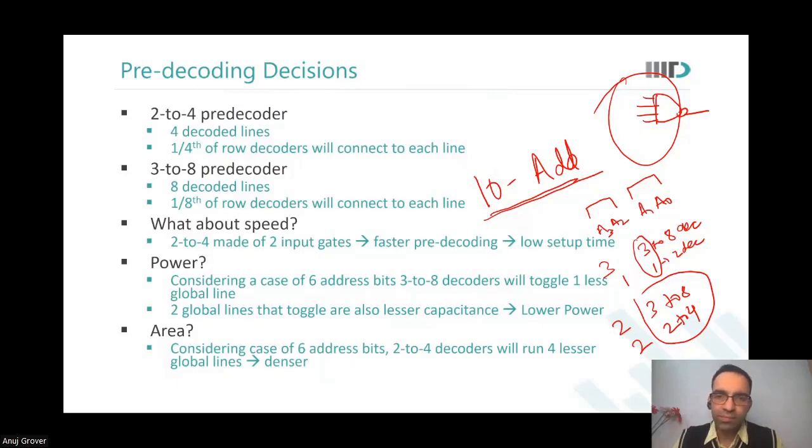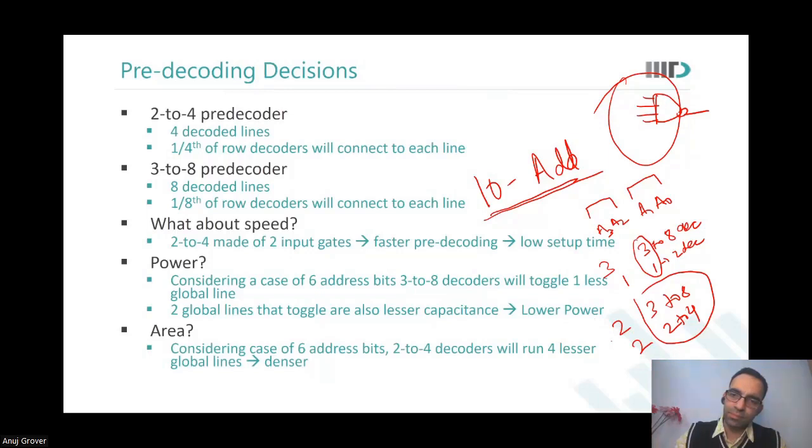Sir, can we put 2 to 4 pre-decoder 5 times? I think that overall output lines would be 5 into 4, 20. And if we see the second case, sir, 3 to 8 pre-decoder, it would be 16, and 8, it would be 24. So, sir, overall the area would be lost here, I think.